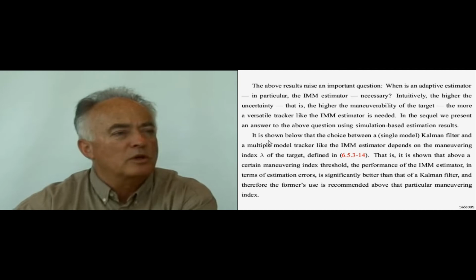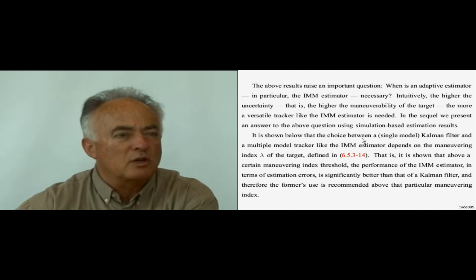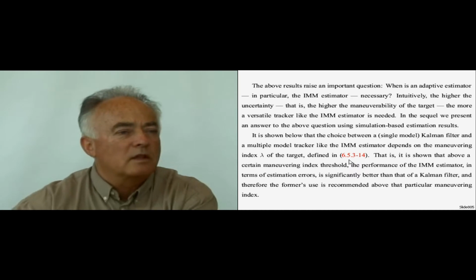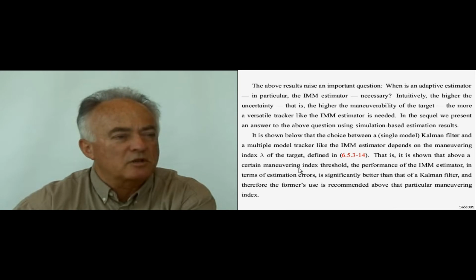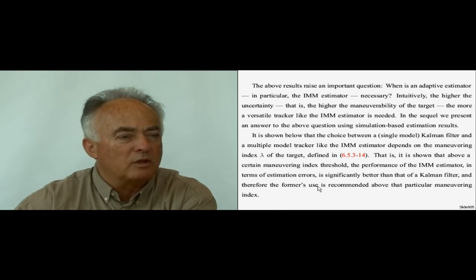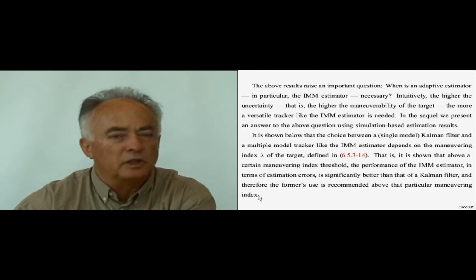What we are going to show is that the choice between a single model-based Kalman filter and a multiple model tracker, like the IMM estimator, depends on the maneuvering index lambda of the target defined in Chapter 6. Namely, above a certain maneuvering index threshold, the performance of the IMM estimator in terms of its errors is significantly better than that of a Kalman filter, and therefore the IMM is recommended above that particular maneuvering index.